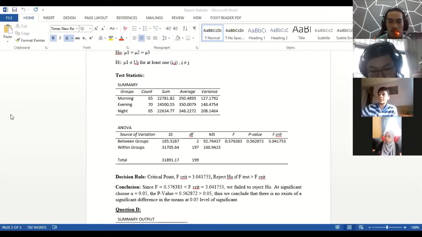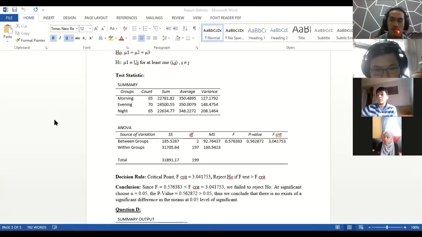For the 197, it comes from the total count, which is 200, minus 1 for the total, which is 199, and minus 2, giving 197. For the mean square, we get it by dividing the sum of square by the degrees of freedom.